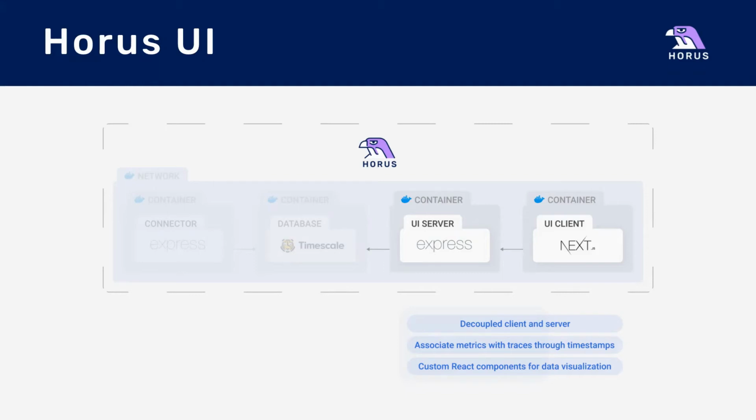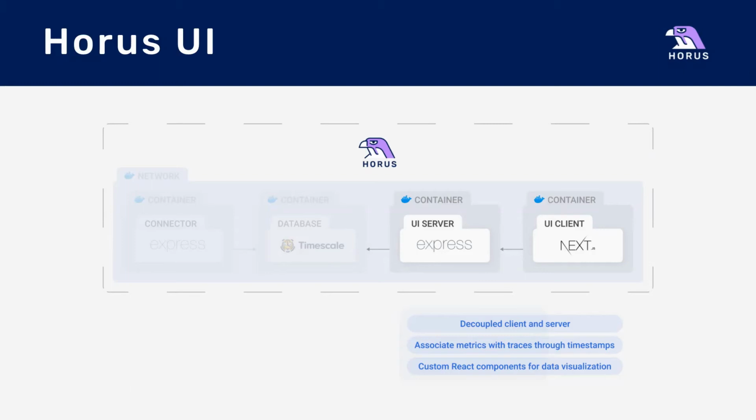The other is the UI client, a Next.js app with React components, and that is what allows the end user, Oliver, or one of his colleagues, to interface with the data in the database. A key decision here was decoupling the UI client and UI server, which makes it easier to work with and develop.